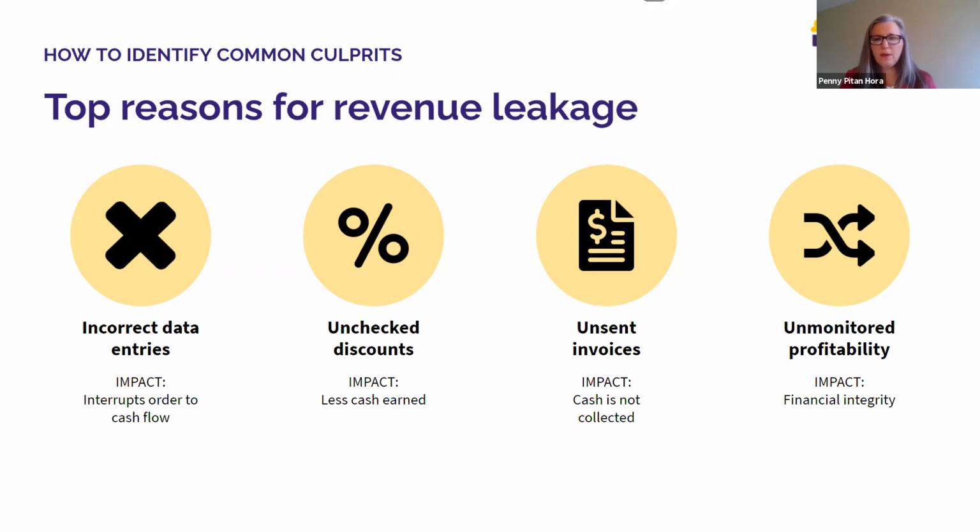I would say I could add a couple things here. The top revenue leakage, incorrect data entries, happens all the time. It doesn't matter if your system is automated, if there's a manual process that is interfering, there's always an opportunity for something to either get entered incorrectly or somehow get processed along the line incorrectly.